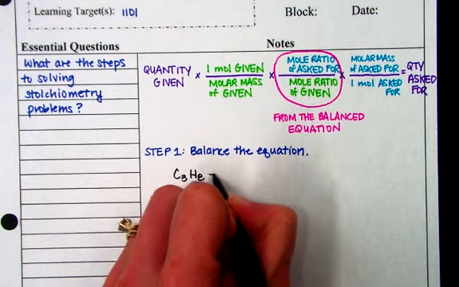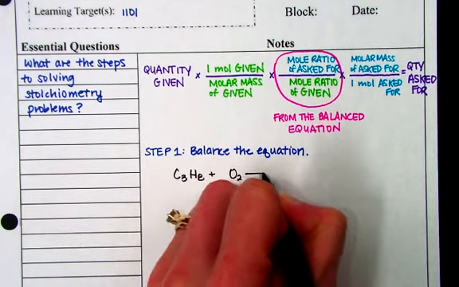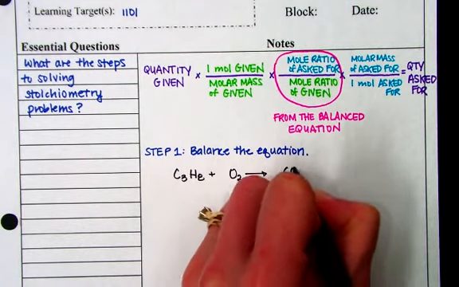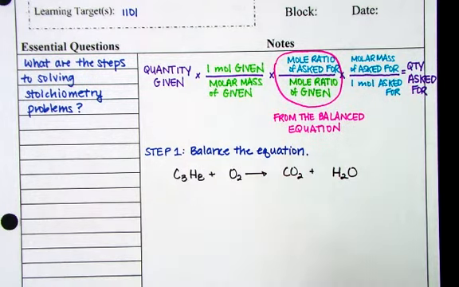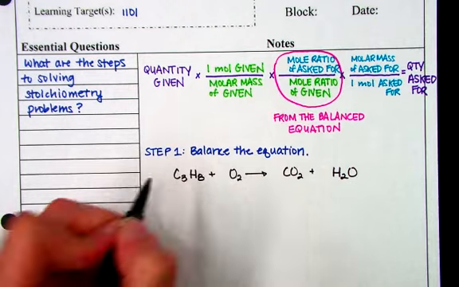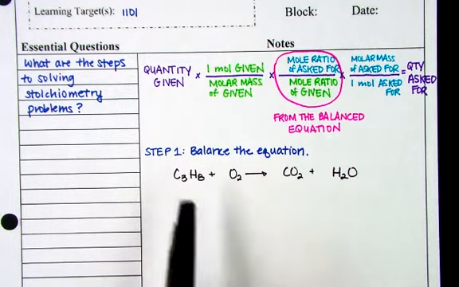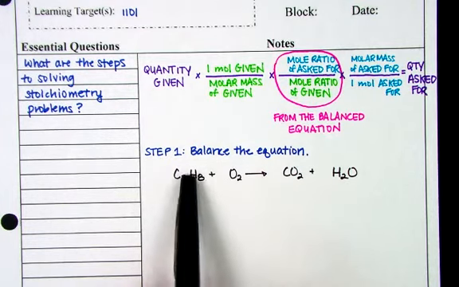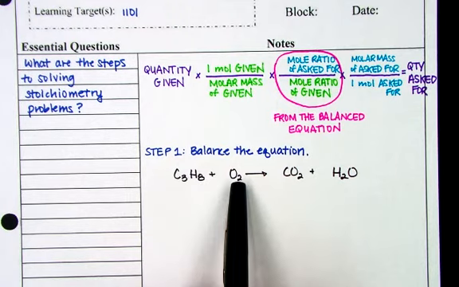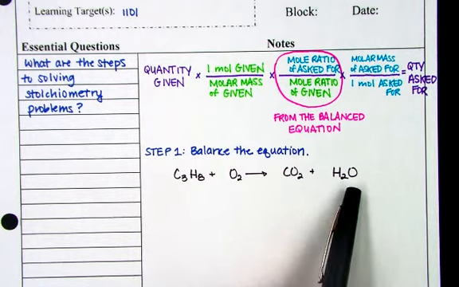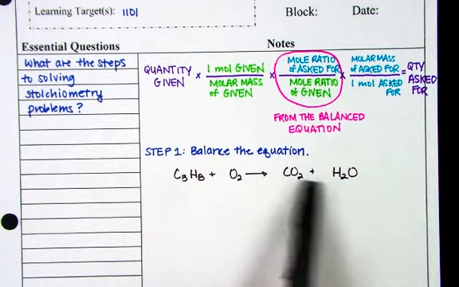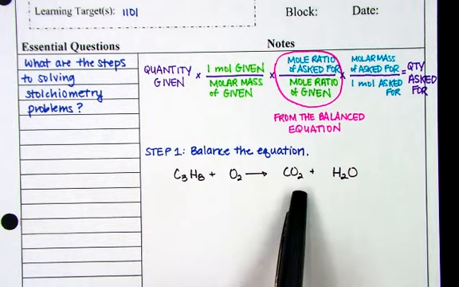C3H8 plus O2 makes CO2 plus H2O. Anybody know what type of reaction this is? Yes, it must be combustion, right? Hydrocarbon, hydrogen and carbon together in a compound with oxygen always, always, always forms carbon dioxide and water. When you're predicting products, these two are always your products for combustion.